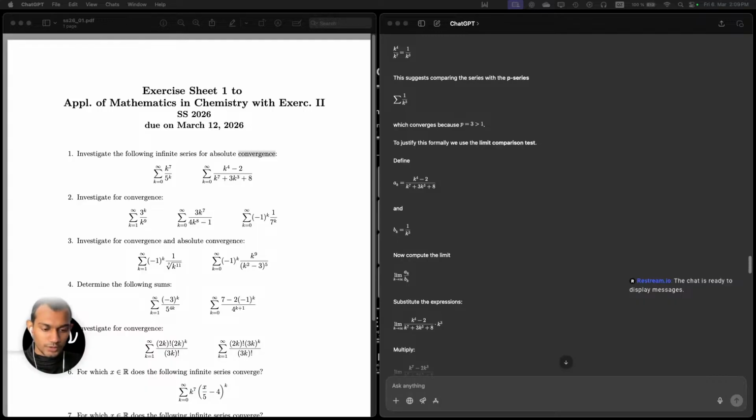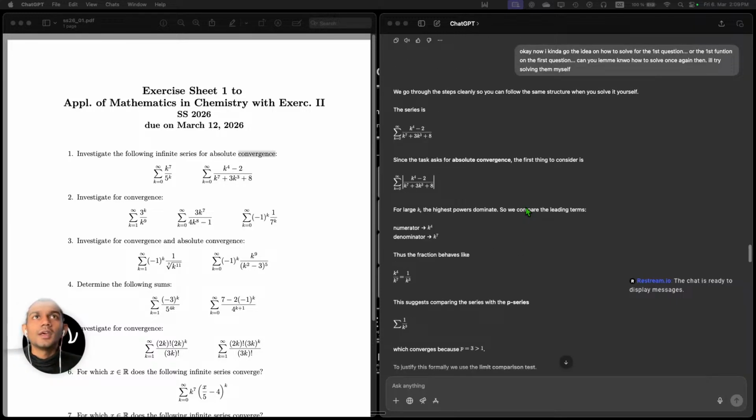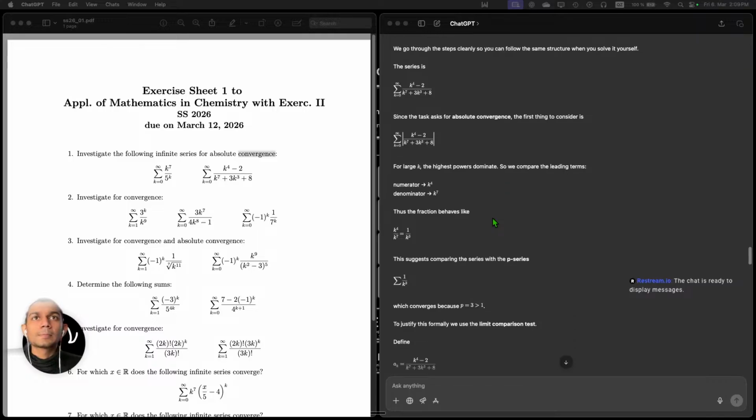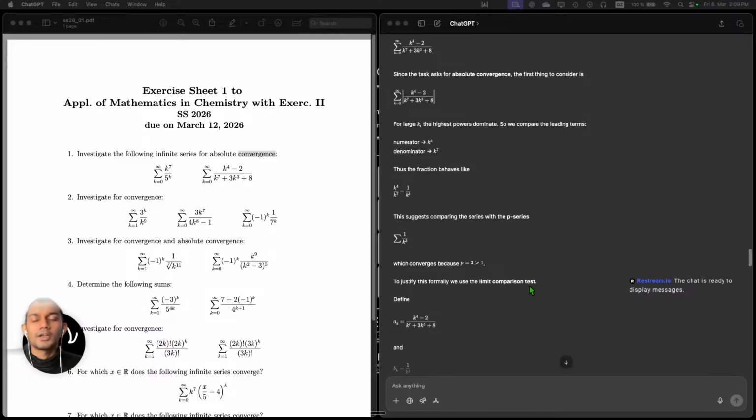So the first question, the first function is using quotient rule test. No, what's the name? Limit comparison test. Okay, limit comparison test.